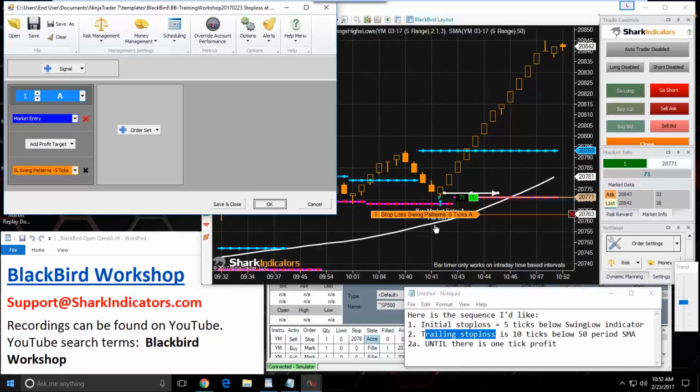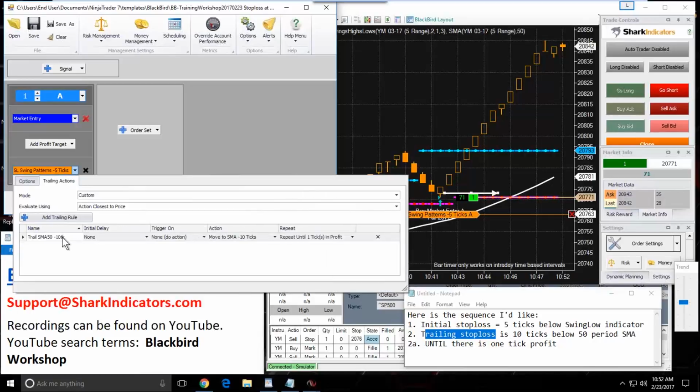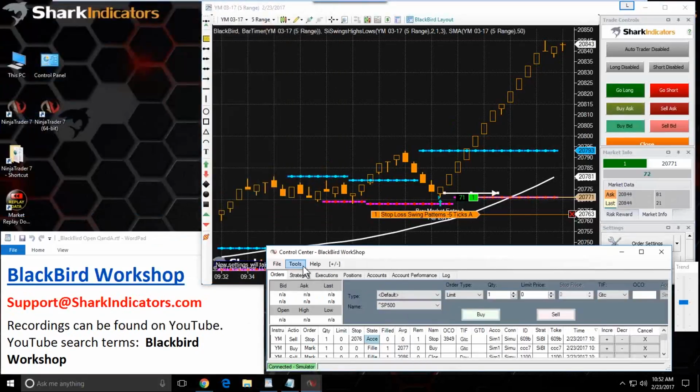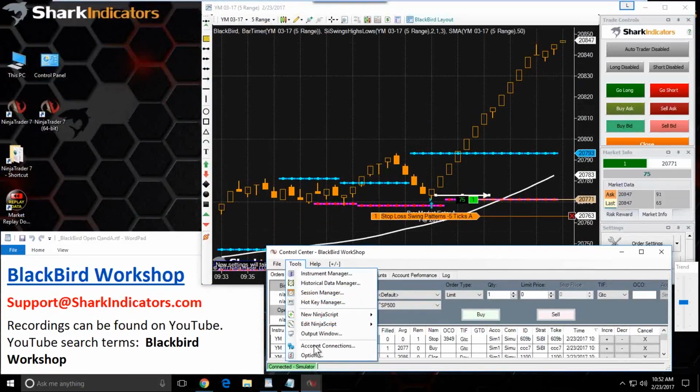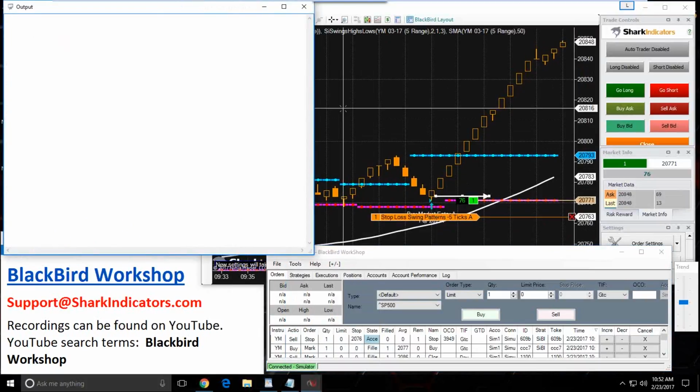The issue I was having is that this trailing rule I built was not executing. More importantly, when I had the output window on, I wasn't getting any output from BlackBird as well, and I should be getting some output.